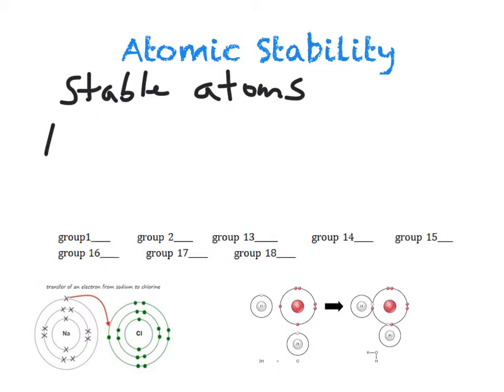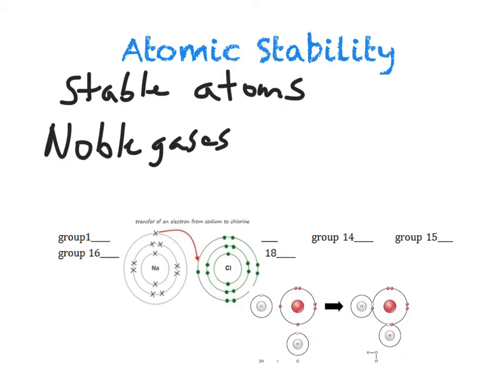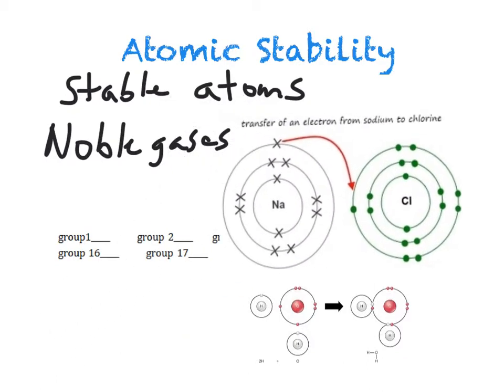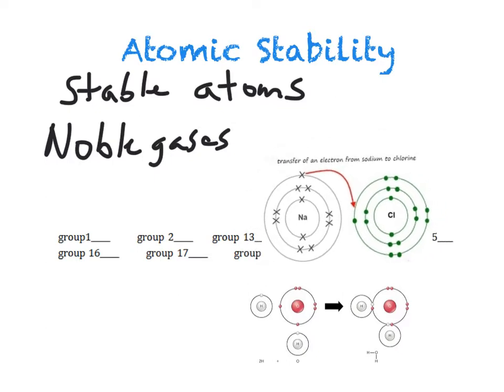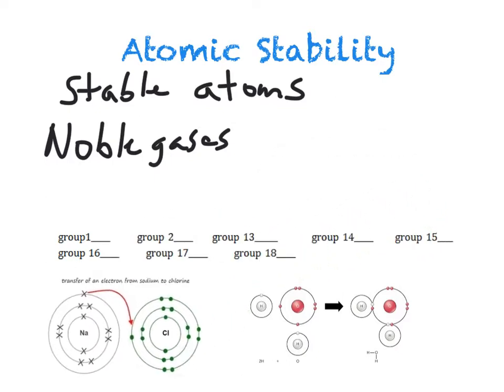Noble gases do not form compounds because the compounds are less stable than the original. So if we look at the bottom down here, we see this is a picture of sodium and chlorine. Sodium is unstable by itself, chlorine is unstable by itself. When they combine together, they are stable, and that formed table salt that we talked about earlier.